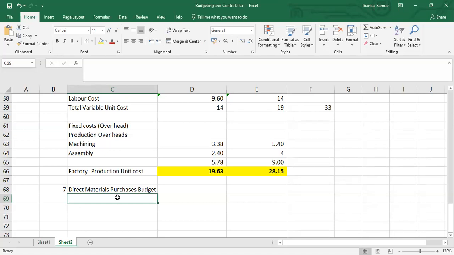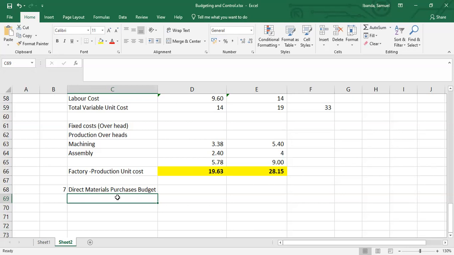Remember, what we need in production plus what we want to remain with at the end of the day, in totality, gives us the materials we actually need to purchase. But it is also good for us to take into consideration what materials we started with, because part of what we are going to use in the production, or even part of what will remain, may include partly what we started with.